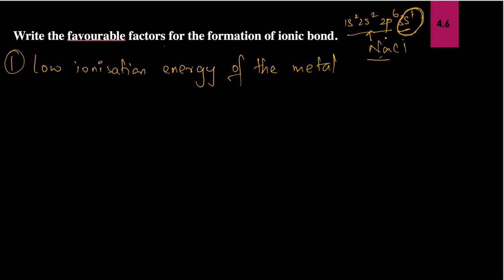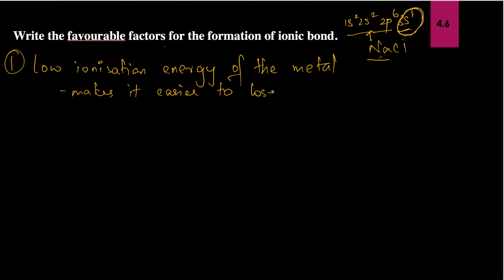When it is easier to remove an electron from a valence orbital, you will have a low ionization energy because you really don't have to apply that much energy to pull out that electron. So low ionization energy of the metal is required, which makes it easier to lose electrons.